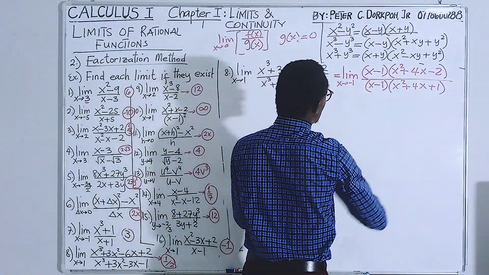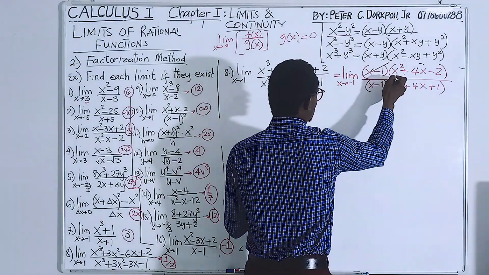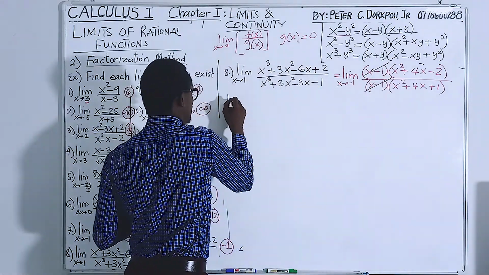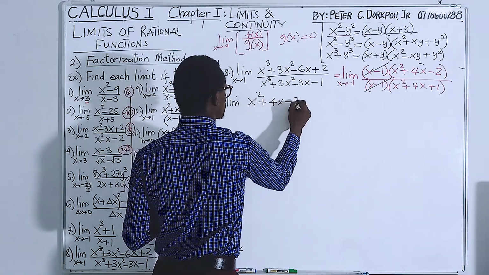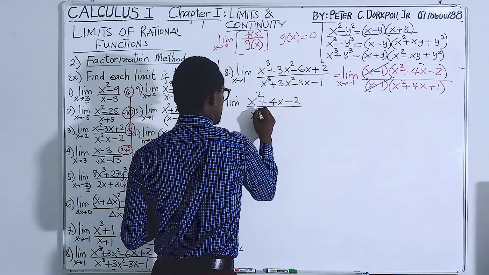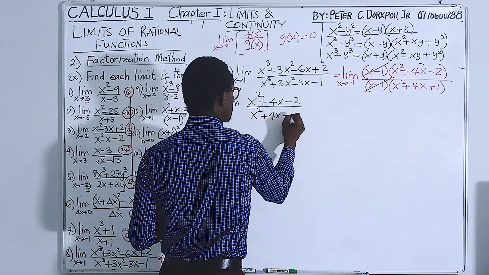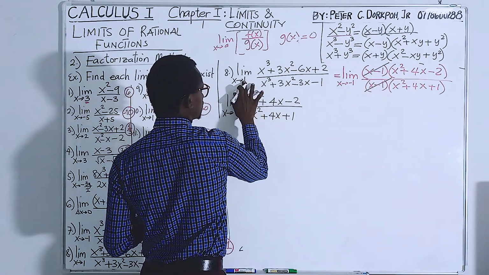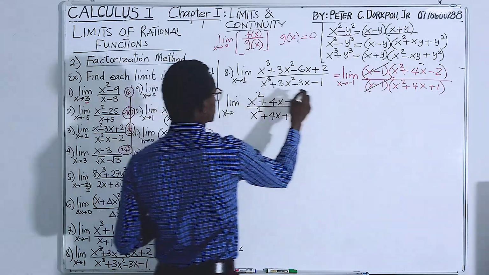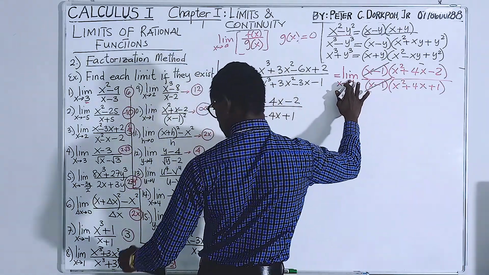So what happens? x minus 1 and x minus 1, they cancel. So we now have the limit of x squared plus 4x minus 2 all over x squared plus 4x plus 1. Now before we go any further, x is positive 1, right?